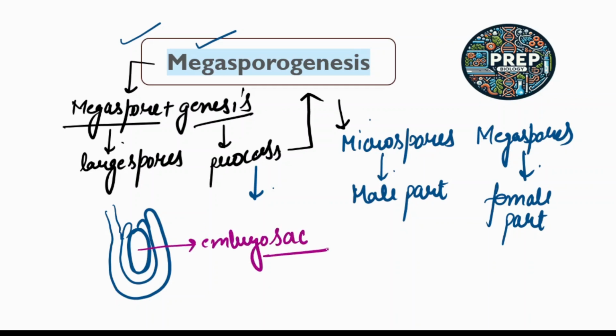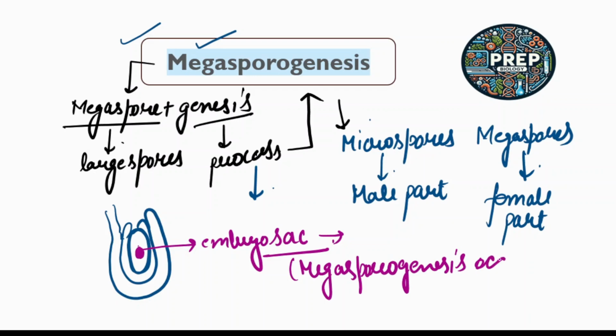We have covered this part. Now inside the embryo sac the development occurs, so in the embryo sac megasporogenesis occurs.